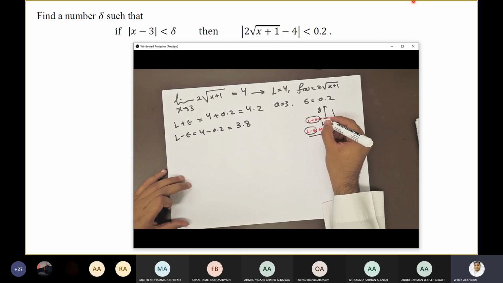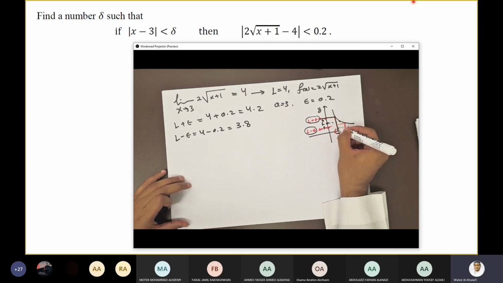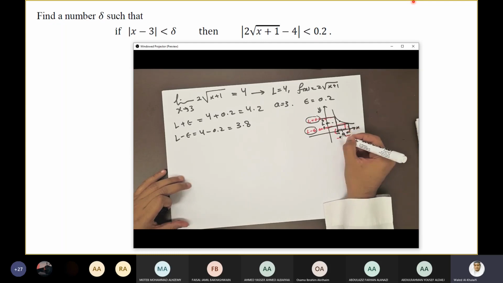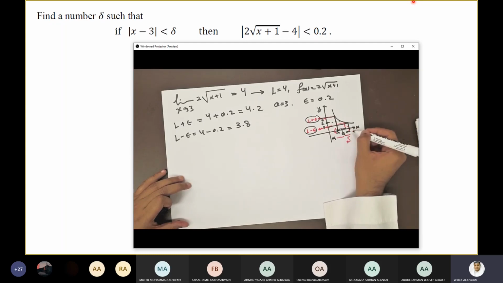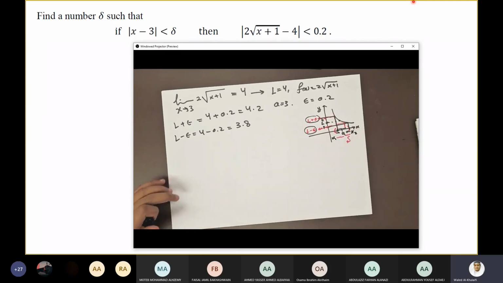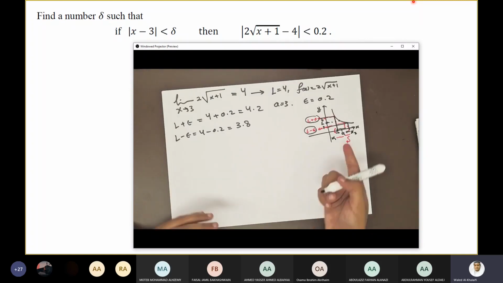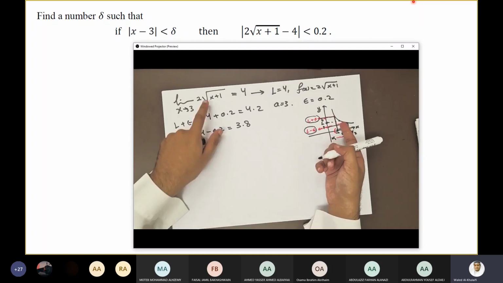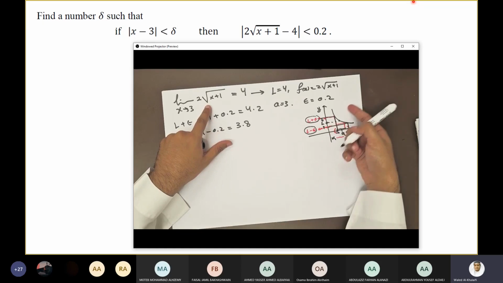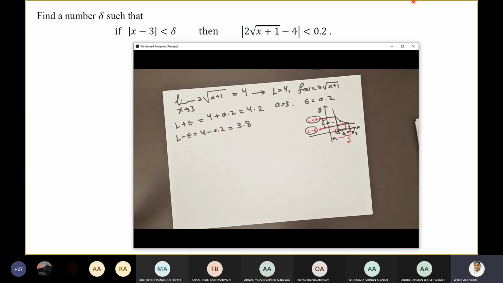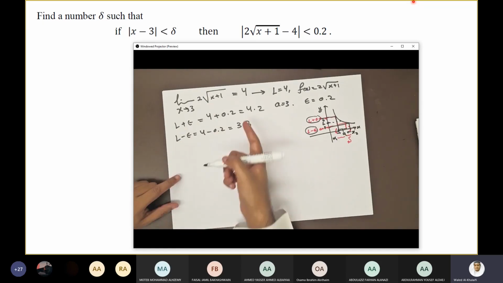When I go here and go back, reversing the picture, I will get some value down. Let's call this, for example, x1. Let's call this x3. It depends on the order. Of course, the sketch is not accurate. This is not really the square root function, it should go this way. But this is just a general picture of this one.